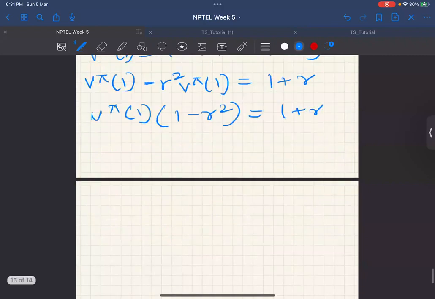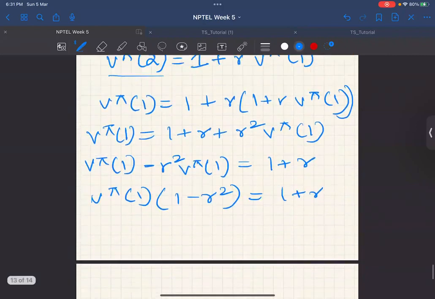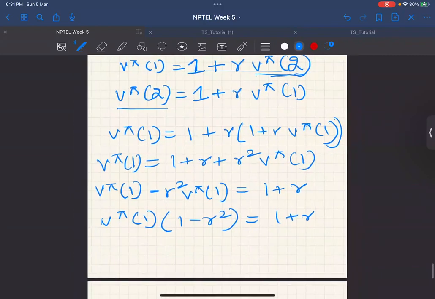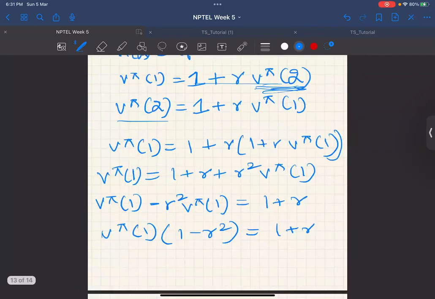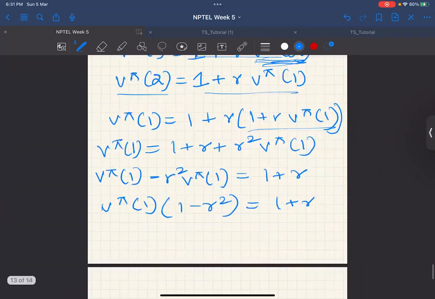I'm doing nothing, I'm just calculating what V pi of 1 is. So 1 plus gamma, gamma square V pi of 1.